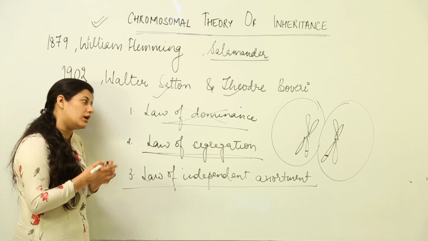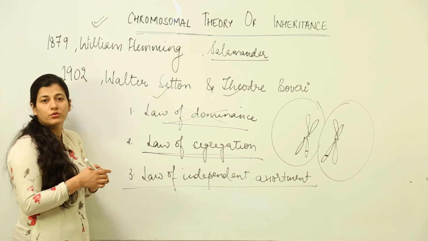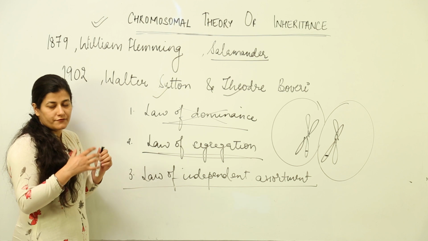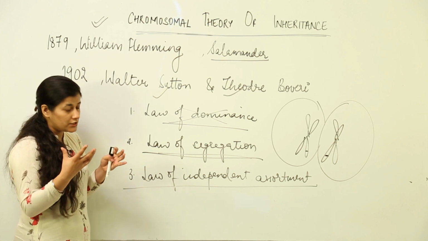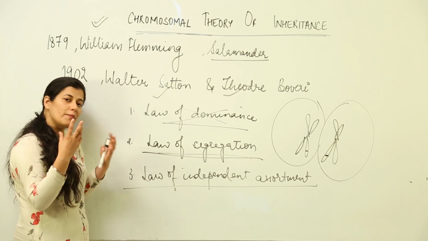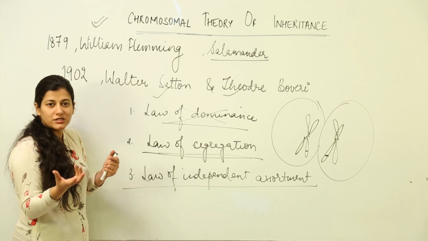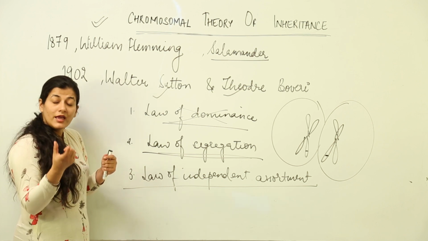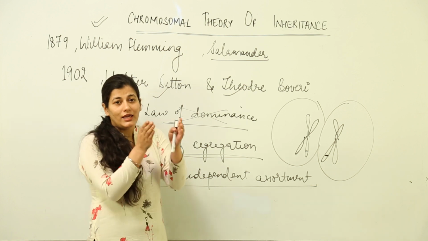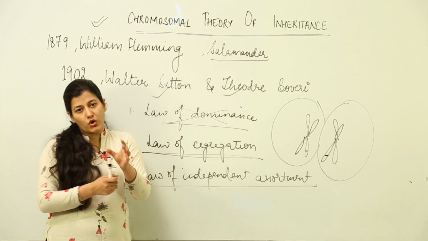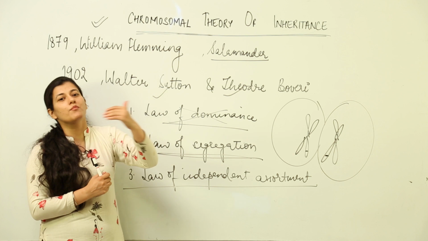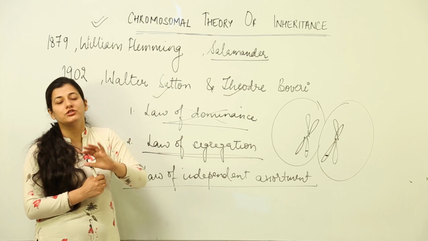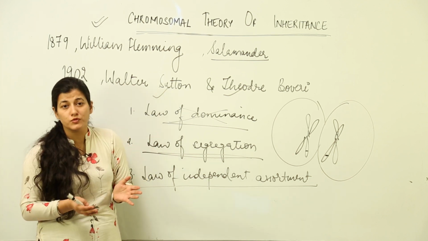And otherwise also, you can take your own example. If you consider your own characters, there will be so many characters exhibited by your personality. Each character is governed by an individual gene. So the genes are way more in number as compared to the number of chromosomes found in the cell.